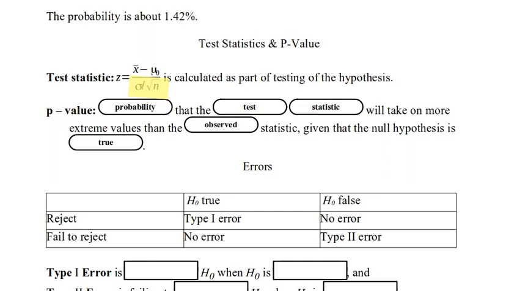We then compare that and ask, what would the probability be that that test statistic will take on more extreme values than the observed statistic? So the observed statistic here is that x bar is 490 days. We're assuming that the null hypothesis is true. That's where we got sigma, and that's where we got mu sub 0.